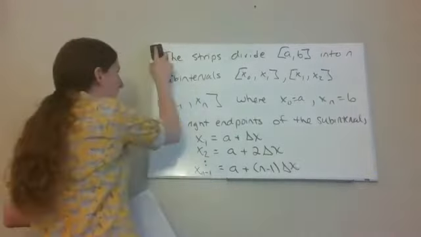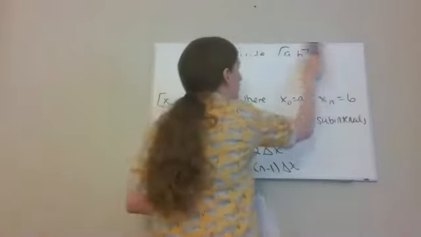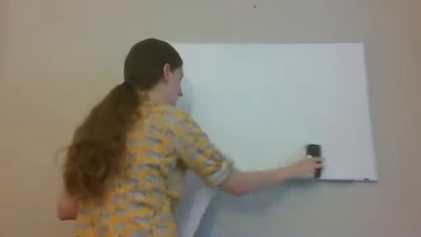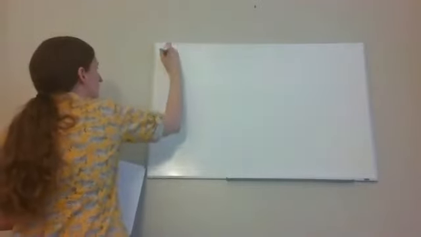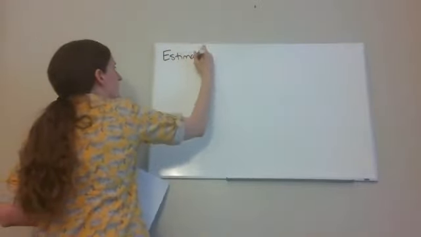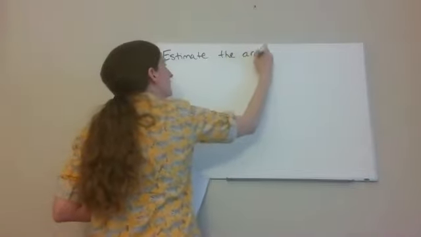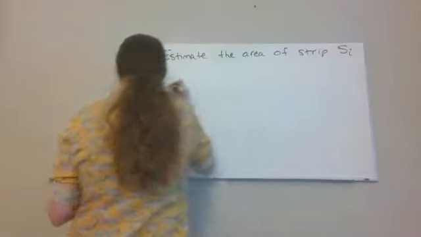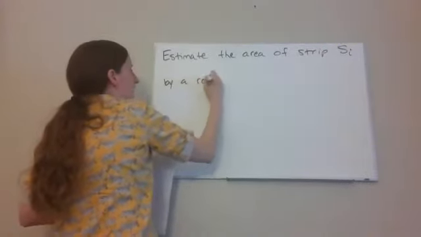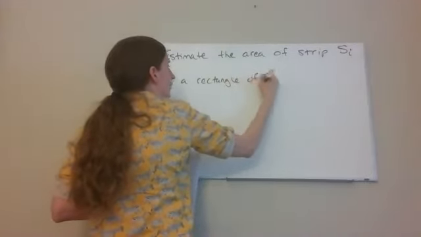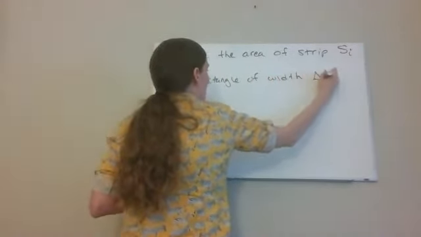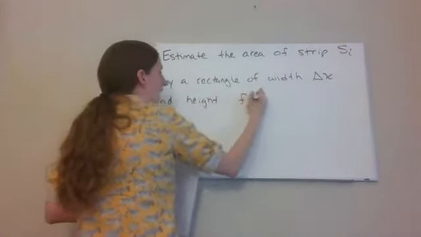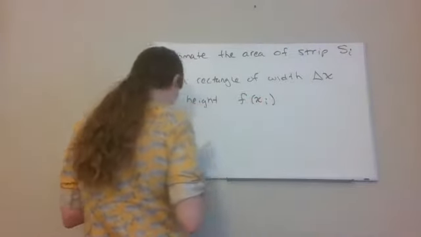Then I can approximate the area of each strip using rectangles like I drew earlier. So estimate the area of the strip Si by a rectangle of width delta x and height f of xi.